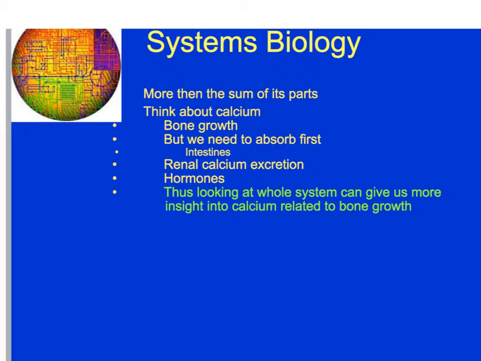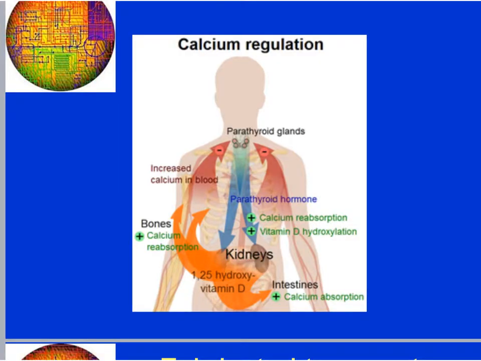So again, all of this is looking at the whole system, so it can give us insight into how calcium is related to bone growth. So it's more than just a simple idea of, oh, bones need calcium to grow. When we're modeling this, we have to think about all of the digestive parts and the hormonal parts to getting calcium to the bones, and the importance of that.